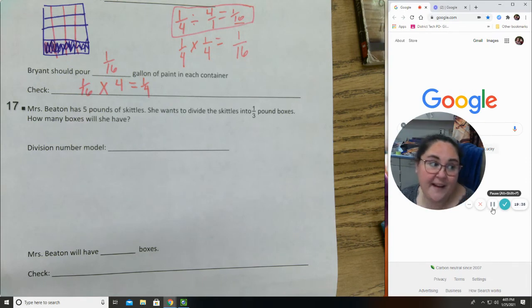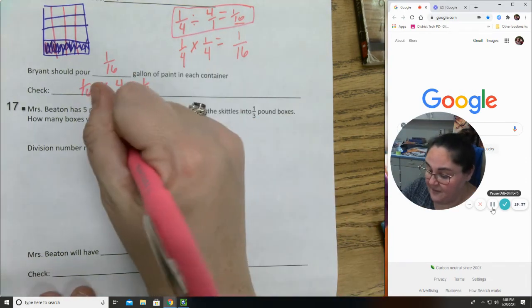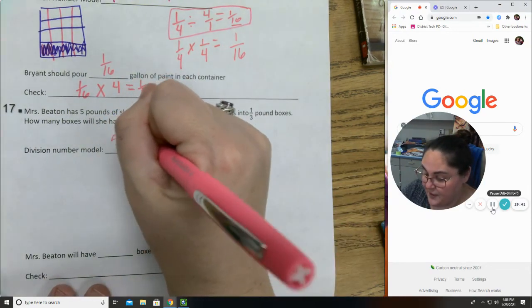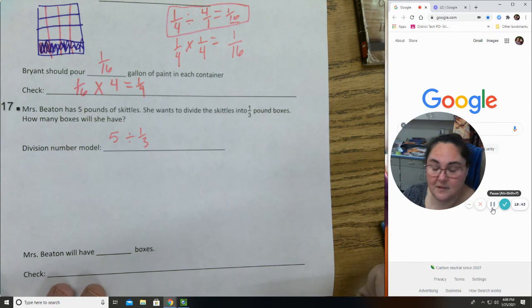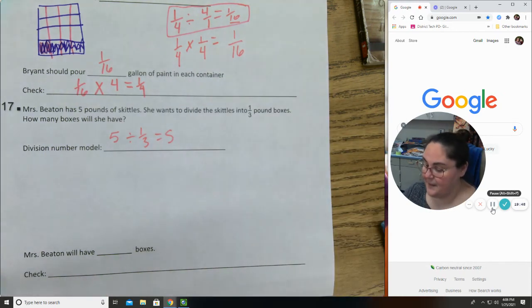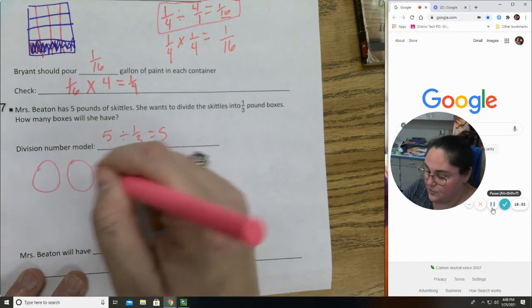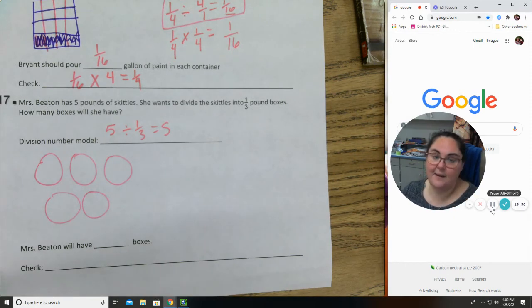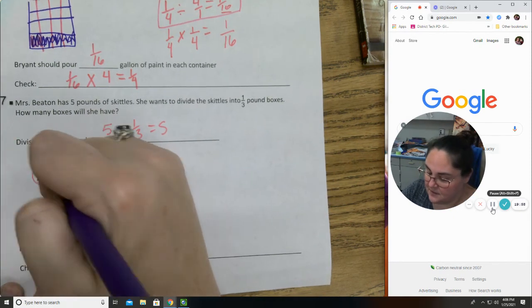All right, I'm dividing those Skittles. So she starts with 5 pounds. She's dividing them into 1/3 containers equals S. All right, I'm going to do my picture first. 5 pounds of Skittles. 1, 2, 3, 4, 5. All right, I'm chopping them into thirds.